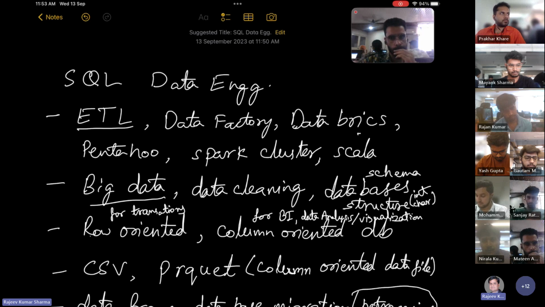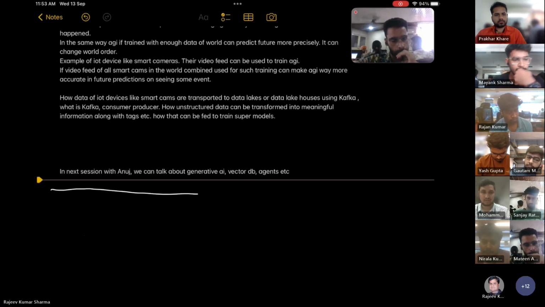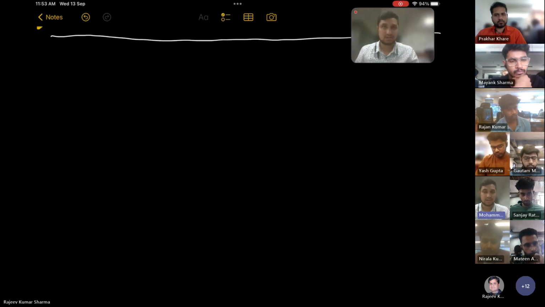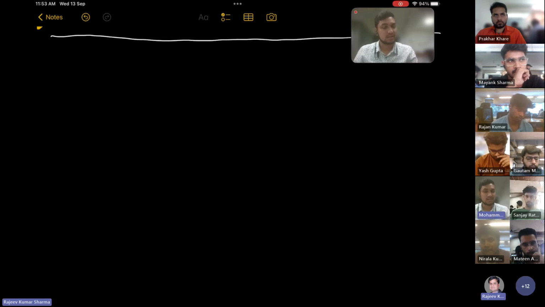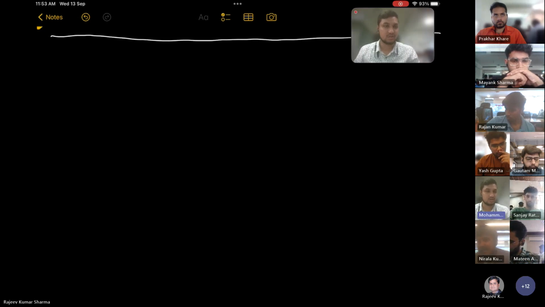So what is the underlying reason behind column oriented and row oriented? I think these are used for analyzing. Data visualization uses column oriented data.